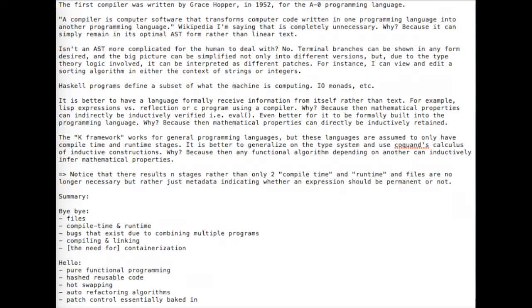You don't need the containerization anymore, because, how do I explain this one? Each expression, if you will, of your program, you can basically define its context.